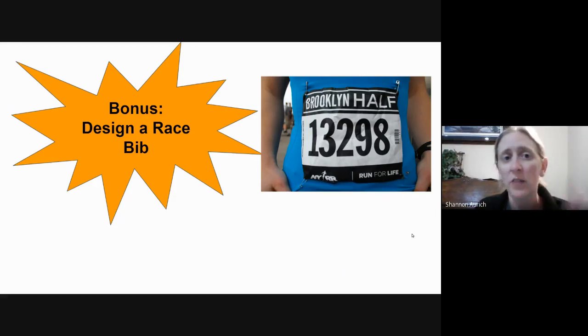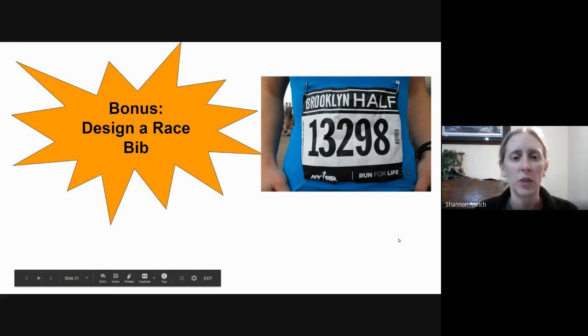So bonus activity, if you want to design a race bib, I have attached a Google slide with a start. It has our Bible verse, it has the Zion Mustang logo on, it has a barcode on there, it has the little Choice Athlon logo on there, and you can shift it, move it around, change colors, whatever you think will work, and you can print it off and have your own and wear it while you race, or you can just print it off and be like, hey, I did this.